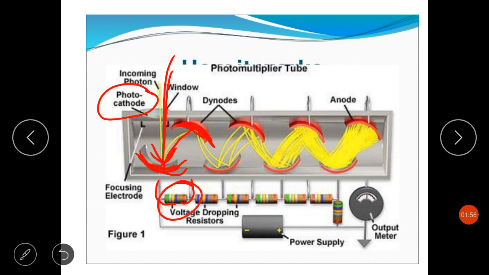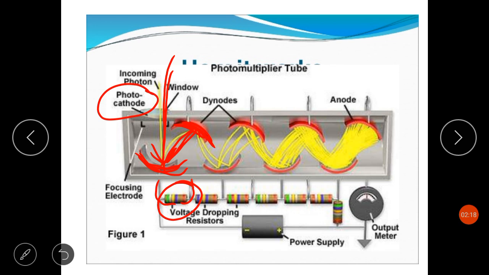This voltage is used for accelerating the electrons emitted from the cathode. Once the electrons are accelerated, they strike the dynode, and after striking with greater acceleration, they emit additional electrons from the dynode.